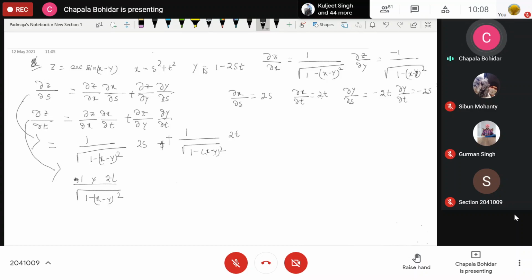Okay, then plus, it is minus 1 by root over of 1 minus x minus y whole square, then del y by del t is our minus 2s, so minus minus plus, it is plus. Okay, put the value of x, y, what is given in terms of s, t here and simplify.